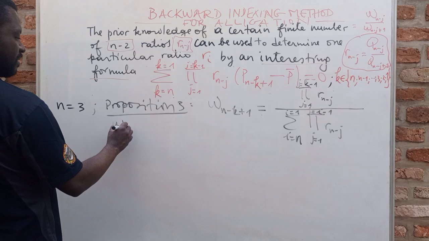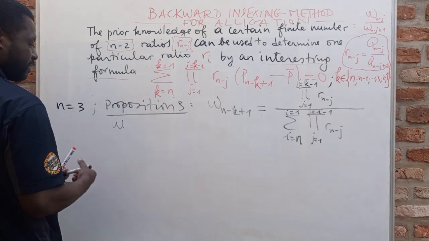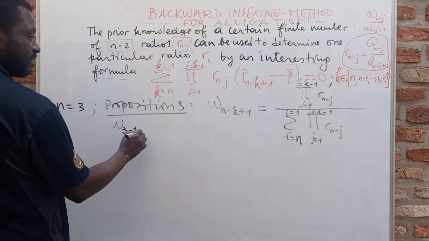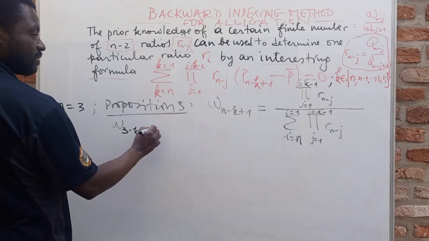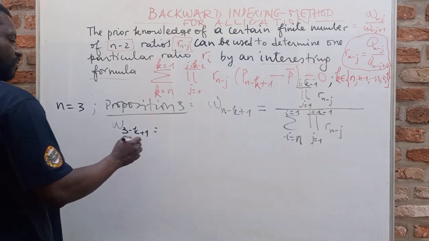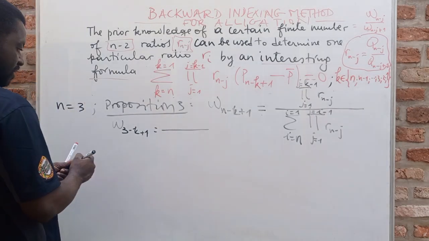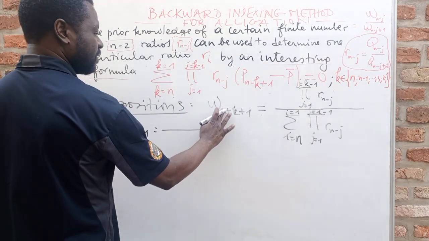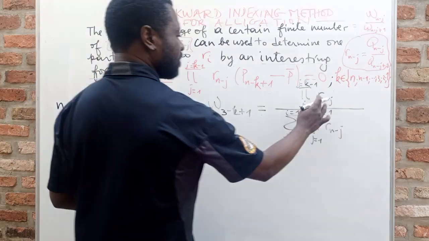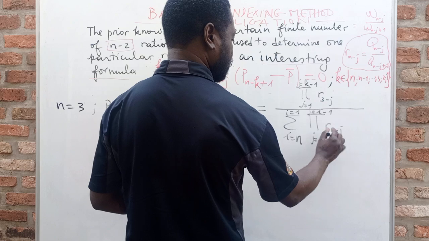Okay, so now in the case n equal to 3, we have this situation. In general, omega sub n minus k plus 1 is equal to the product. Let me just change n to 3 in order to save space: 3 here, then 3 there, and then 3 here too.